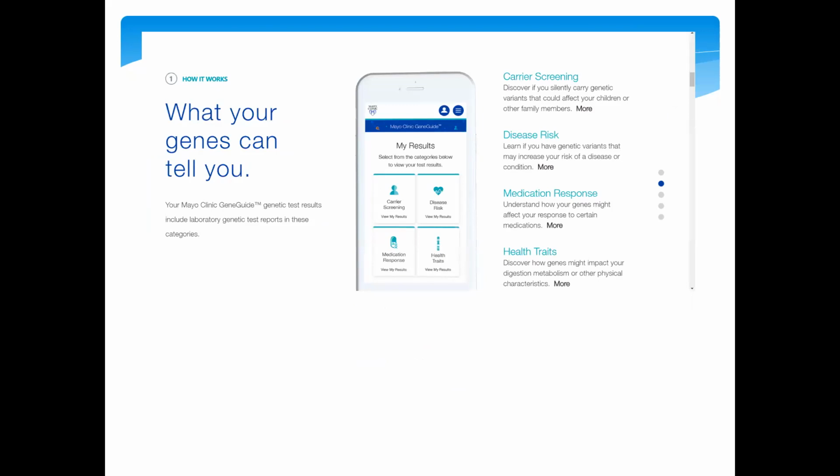They have a genetic testing bank, and you become part of their bank of genetics. So as they begin learning and understanding things that are genetically related, when you make the choice to utilize their product to learn about yourself genetically, you automatically are self-enrolling in the Mayo Clinic's epigenetic research.